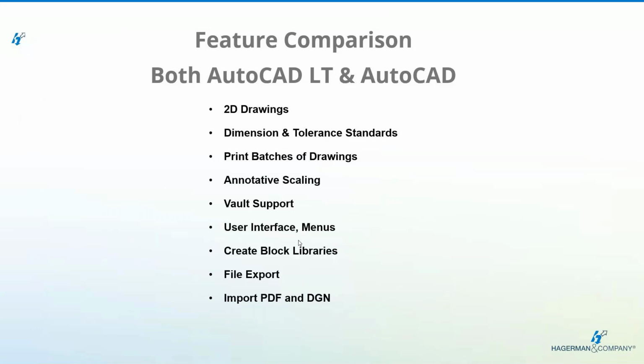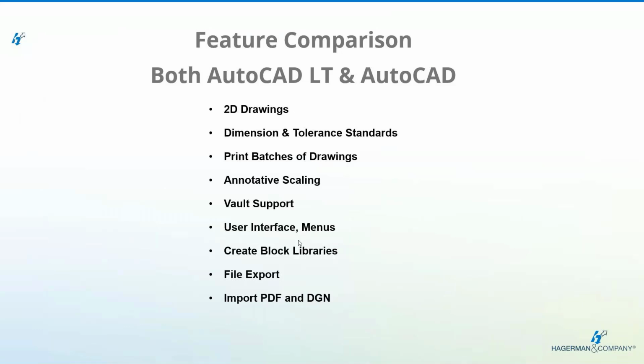They both have the same dimension and tolerance standards. For instance, if you went into either software to the Annotate tab, where you set up your dim styles, that's where you would set up the tolerance in the dim style. Also on that tab is a button where you can insert geometric symbols for tolerances.